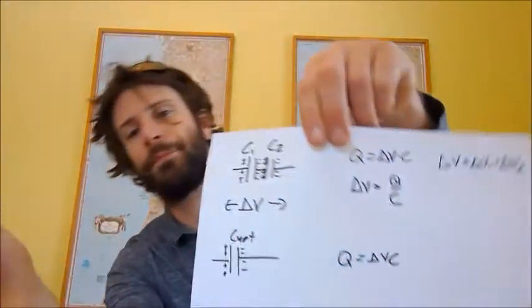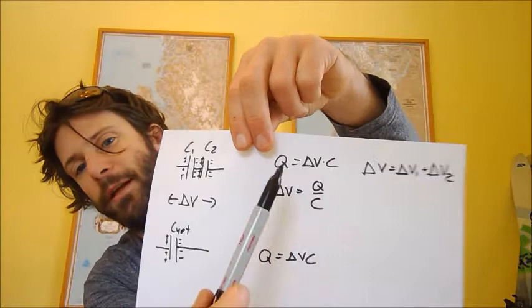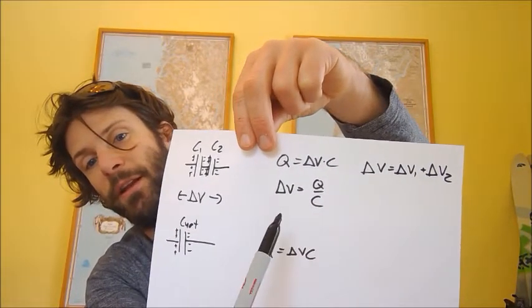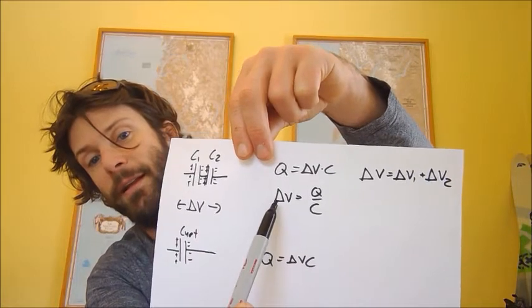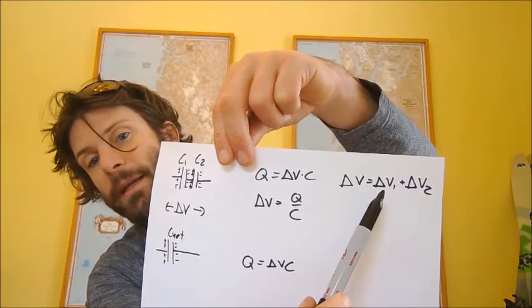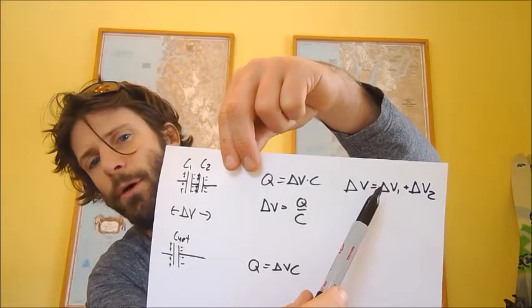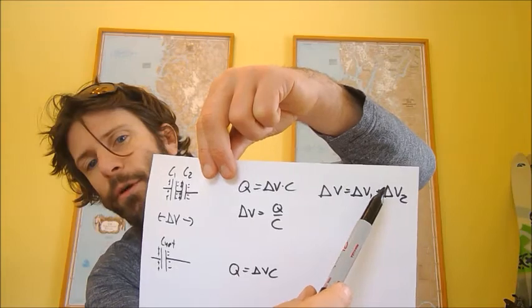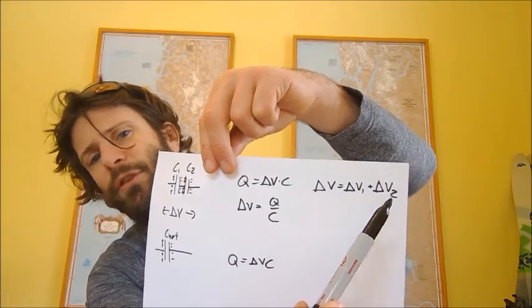But delta V is Q over C. Looking at this formula, there's our sum of the voltages, and there's delta V is Q over C. Let's apply that to each of these, so there's going to end up being Q over C1 plus Q over C2.